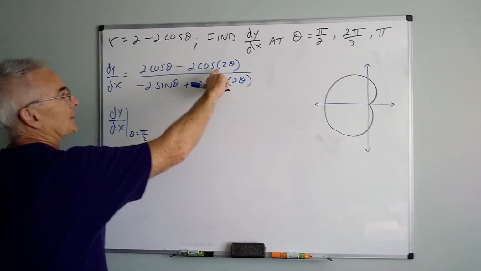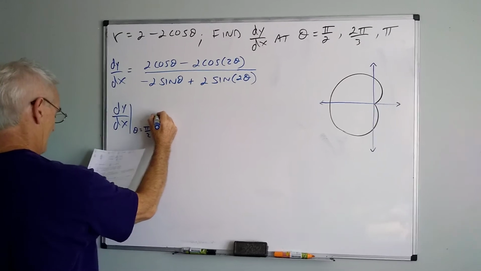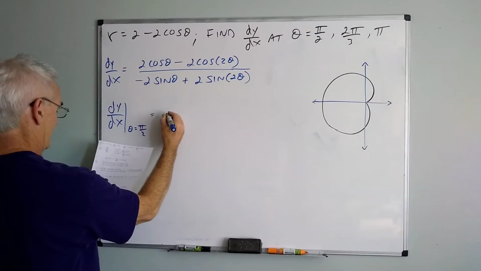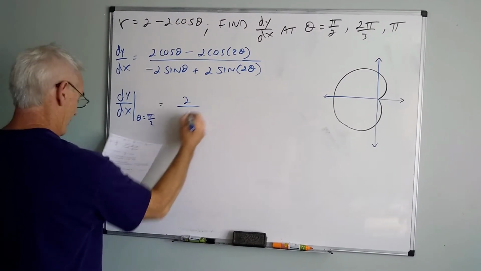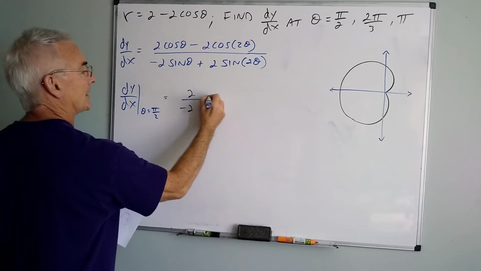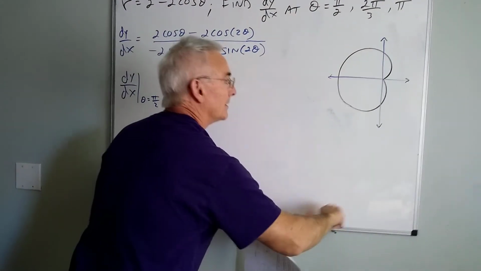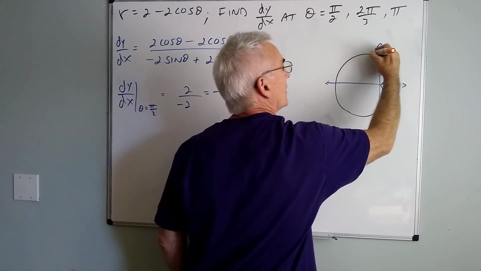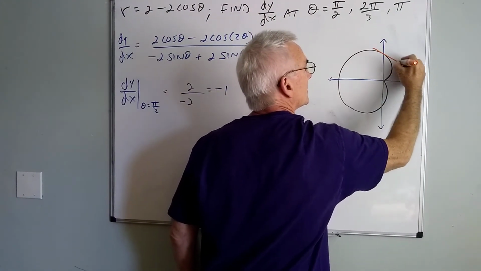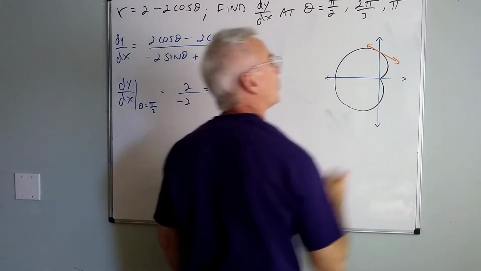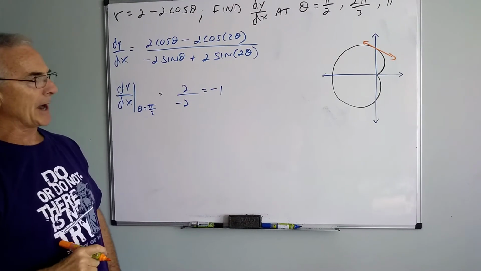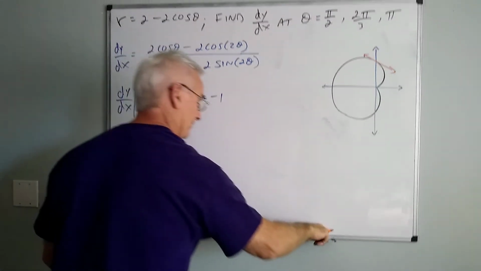So on top I'm going to have a 2, on the bottom I'm going to have a negative 2, and I get a slope of negative 1. Now if I look at my graph, pi over 2 is right here. That means that at that point I have a slope of negative 1, which is pretty accurate according to my picture.